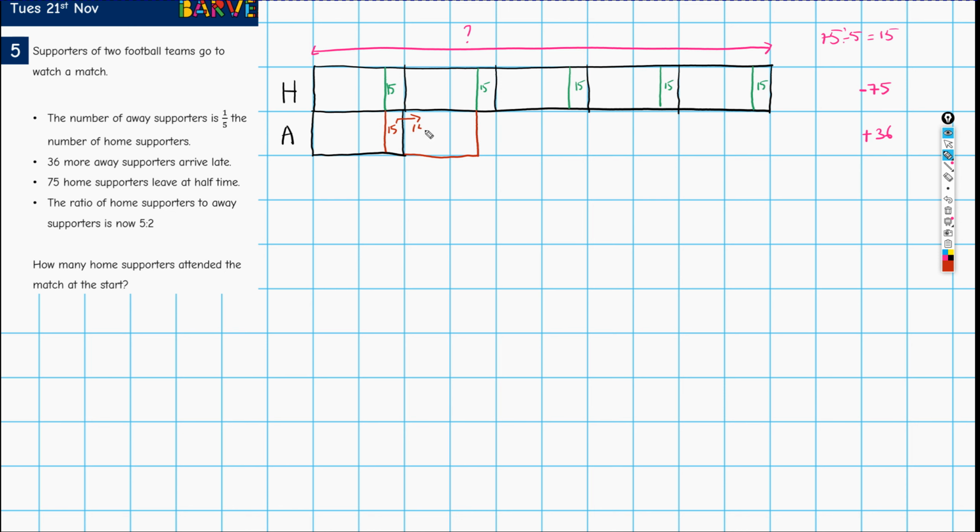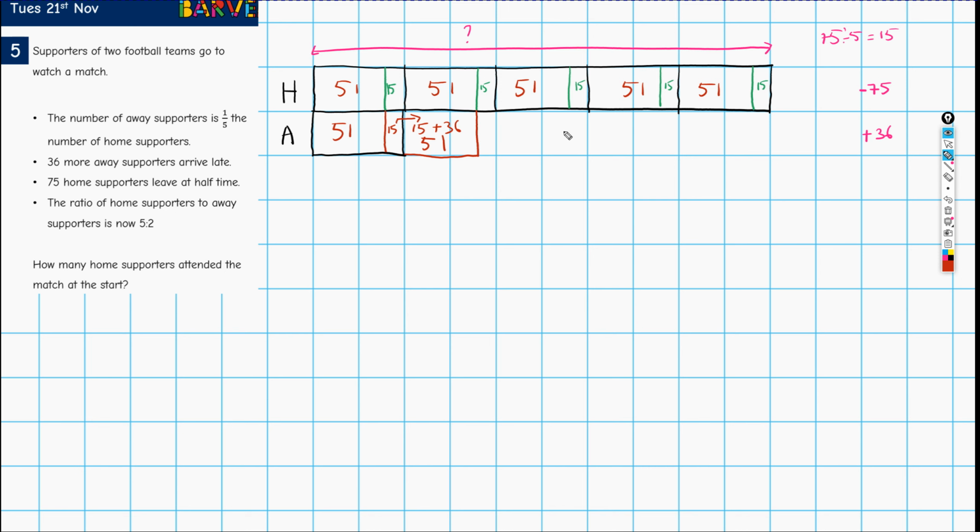So this bar has this 15 supporters plus 36, and that gives me a value for this part, and the total there is 51. And if this has a value of 51, so does every other part that equals that. So these all have a value of 51. And I can now answer my question. You can see that I've got values for every part of this bar, which is where my question mark is.